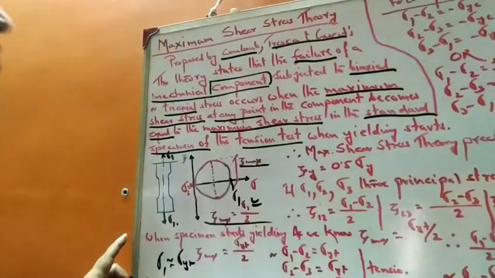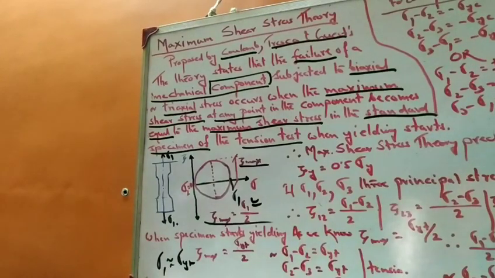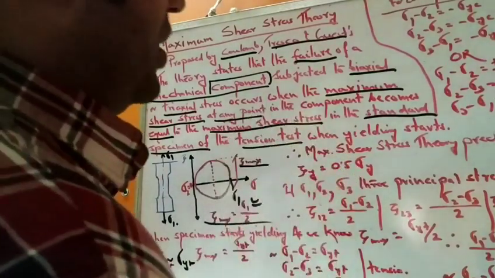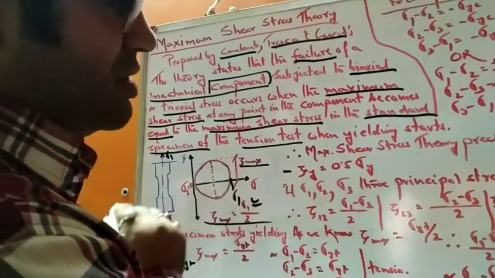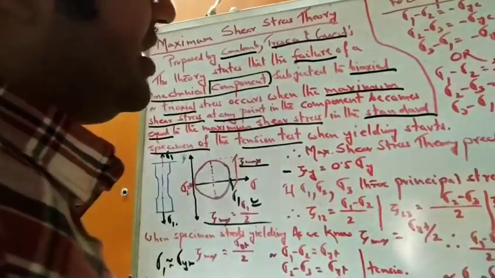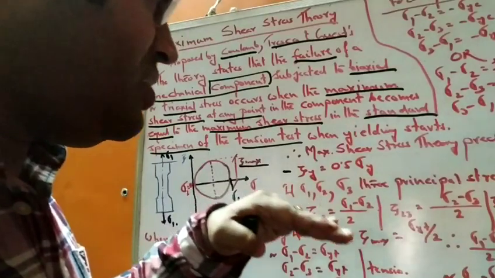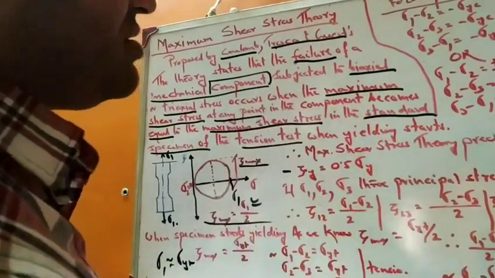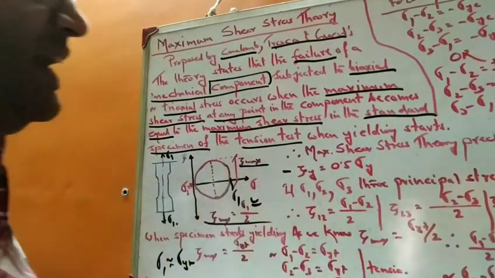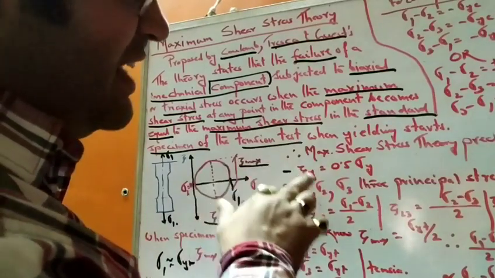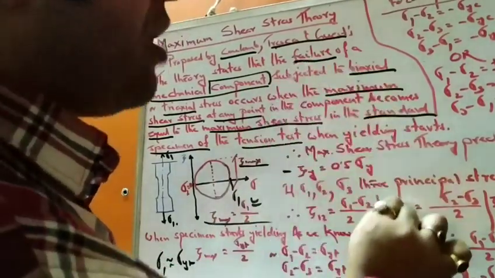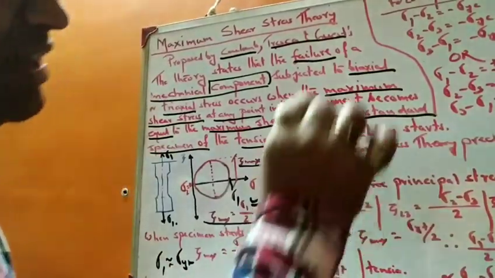From this concept of Mohr's theory, we could say that according to maximum shear stress theory, the yield shear stress should be half of the yield stress in tension.